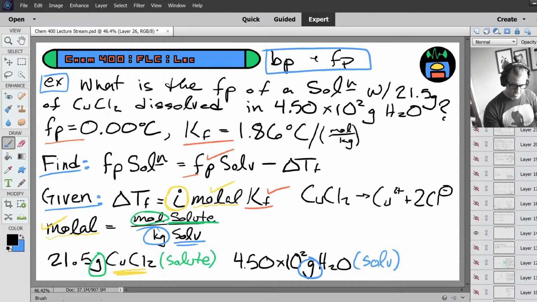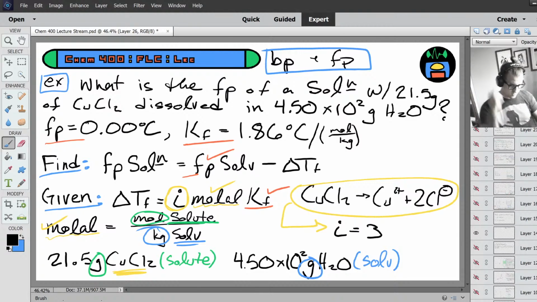So the Van't Hoff factor here will be 3. So we have to do a couple unit conversions, and then we're off to the races for calculating our change in freezing point.